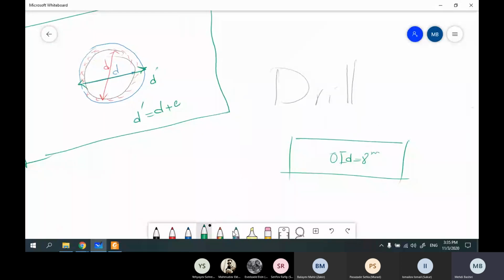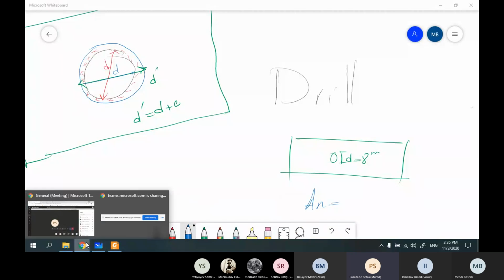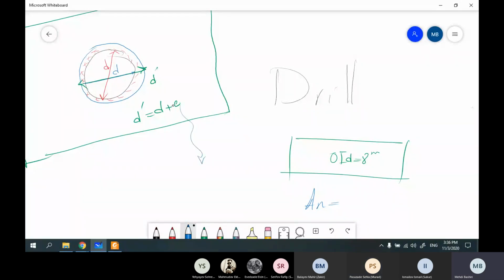When you want to find AN, which one was D prime? The green one, yes, the bigger one is D prime. E is something like 1/8 inches or 2 millimeter.